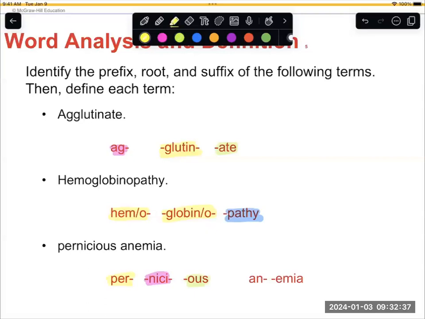Now we have an, which means without. Anemia means blood condition. So pernicious anemia is a chronic anemia due to a lack of B12. Prior to the synthesis of B12, the discovery of B12 in 1972, pernicious anemia was a lethal condition. Not having enough B12 can kill you, in other words.